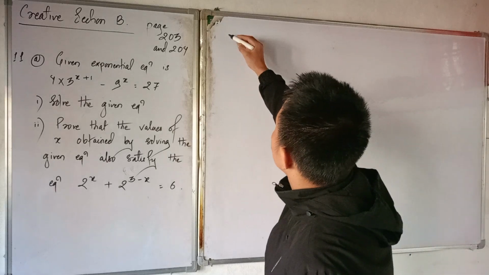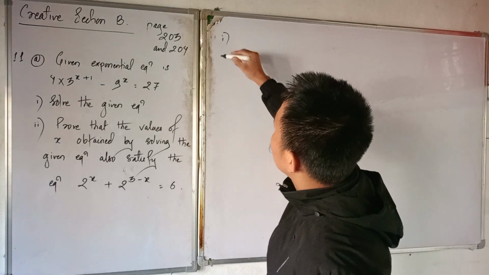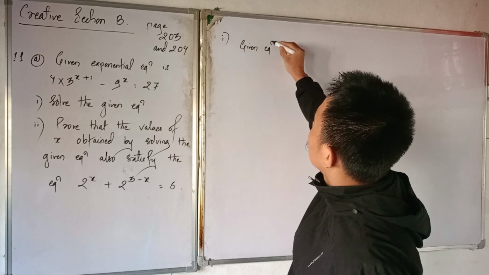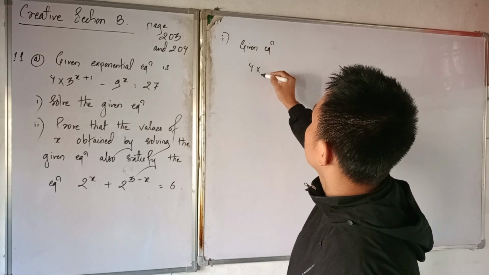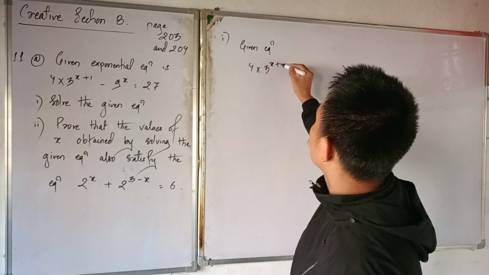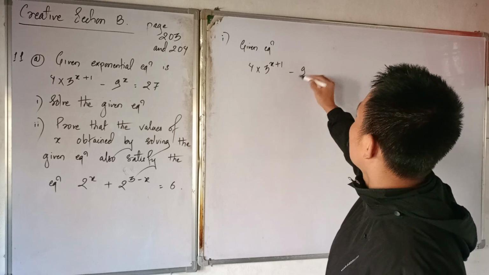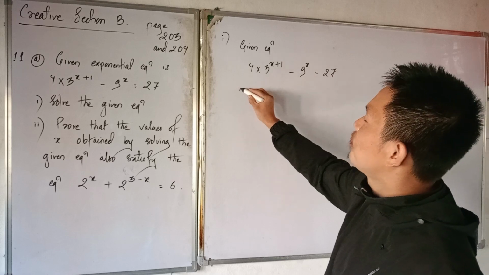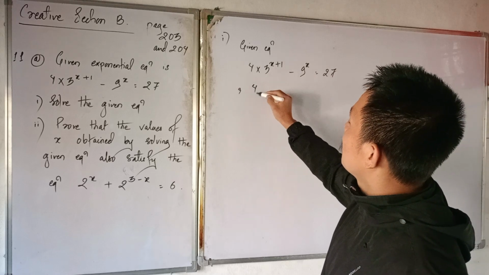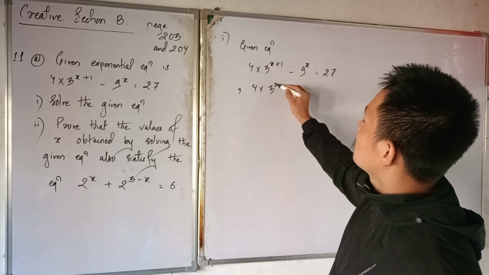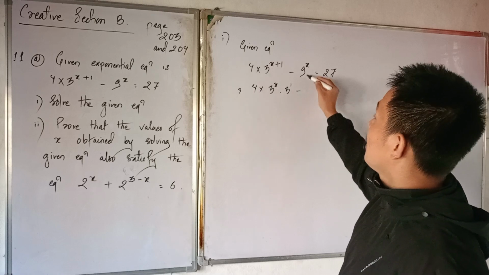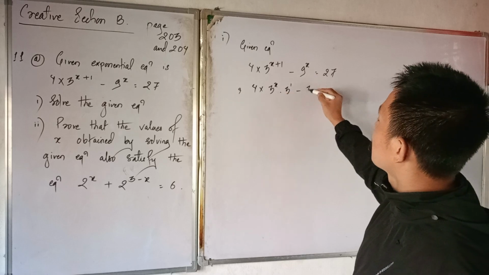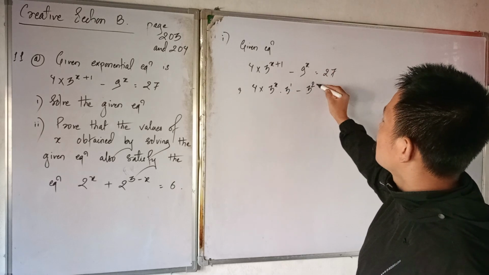11a. Let's go into the given equation. We have 4 into 3 power x plus 1 minus 9 power x is equal to 27. Now just like we did in the previous video, you just disintegrate this: 3 power 1, and 9 can be expressed as 3 power 2, and x is already there.